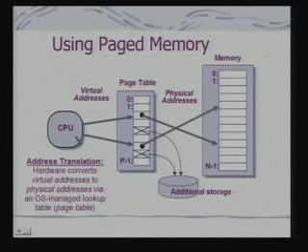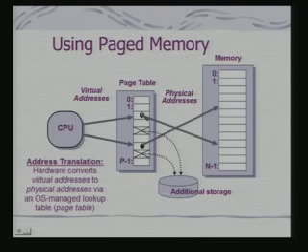So, pictorially the process is like this. The CPU generates the logical or virtual address. We use this logical or virtual address to map into what we call a page table. This page table is a representation of the storage area required by a process.